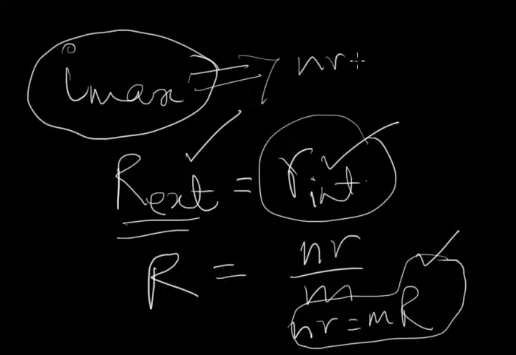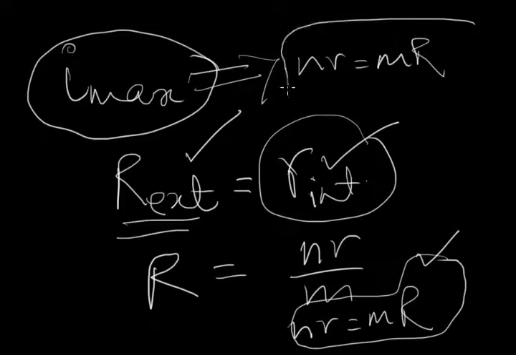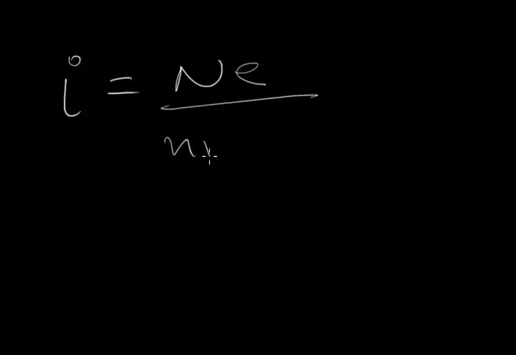In other words, the internal resistance should be equal to the external resistance, and then we can know the exact value of current which flows through the circuit. The current that flows through the circuit in that case is I equals mnE divided by nr plus mR.